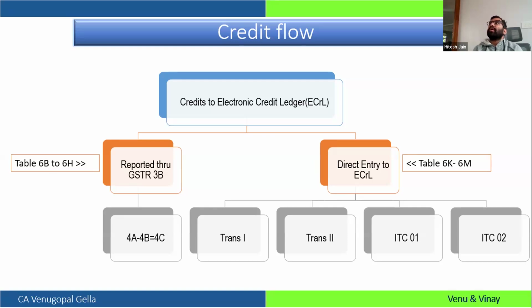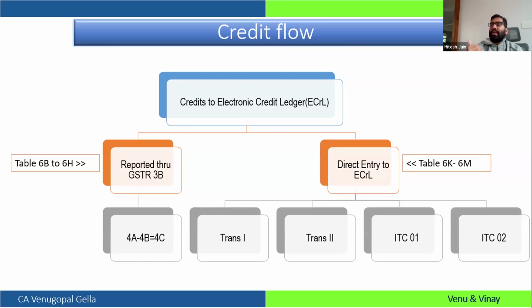The first part is which is reported through GSTR-3B, and the second part is which is direct entry to the electronic credit ledger. For reporting through GSTR-3B, table 6B to 6H, as we have discussed in the previous slide, each such table is segregated differently so that we report the figures in the appropriate columns.